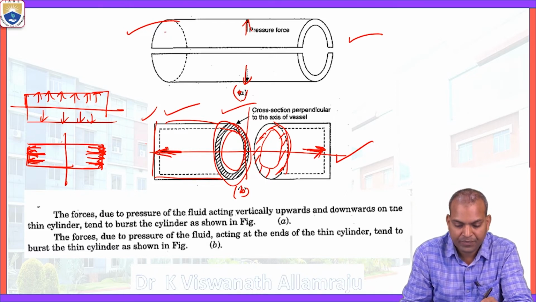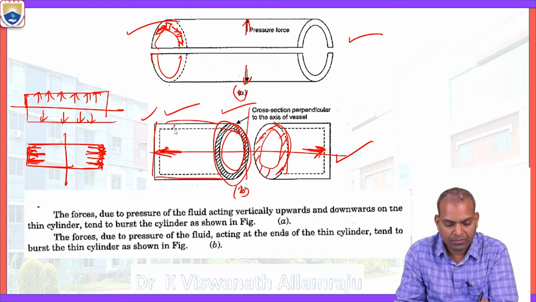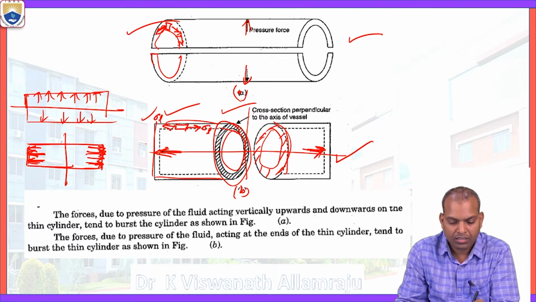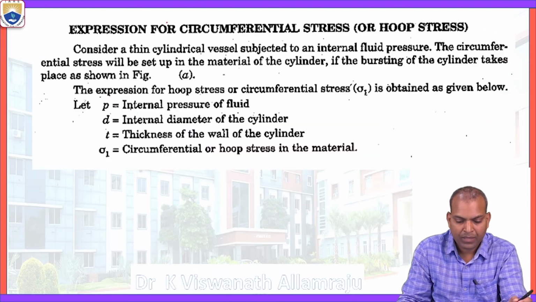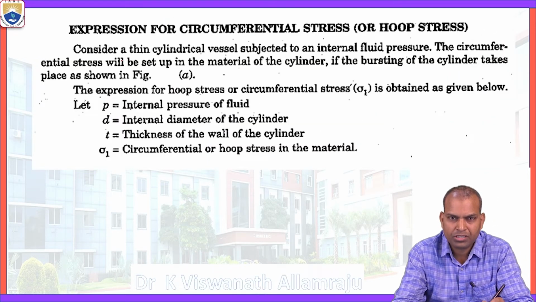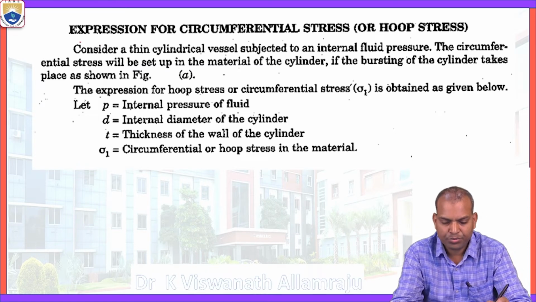In figure A, the circumferential stress, if we consider the element here, the bursting takes place. In the longitudinal stress, sigma L or sigma 2 or sigma 1, which depends on the notation here. Now, the expression for the circumferential stress, which is nothing but the hoop stress.